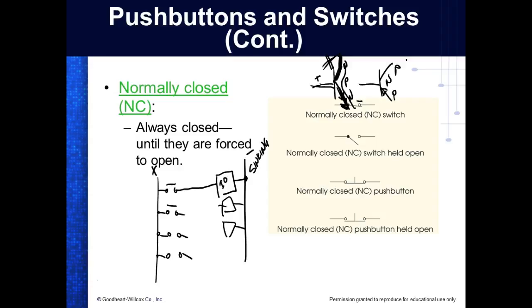But we establish a common. If it's got a positive common, we say it's sourcing. So if your true physical input devices, not your program, are connected to the positive, then these are sourcing devices, and it means your input's got to be a sinking input, right? Everybody understand that? Well, good.